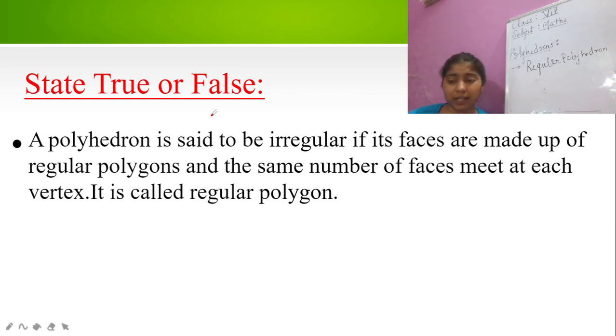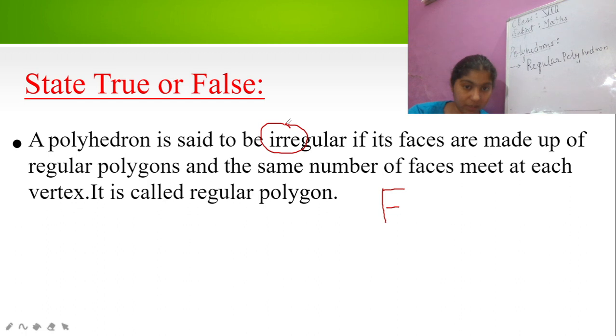Yes students, so I guess you have written your answer. Yes, very good. It is going to be false. Why? Because there is a mistake here, right? It should be regular instead of irregular.